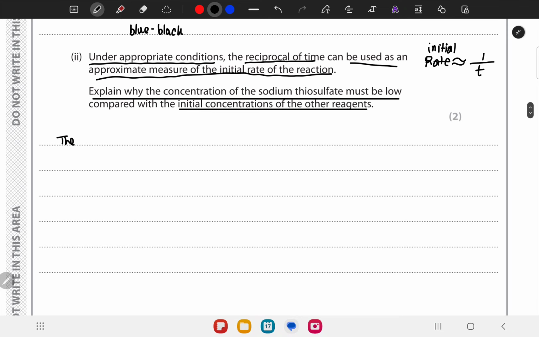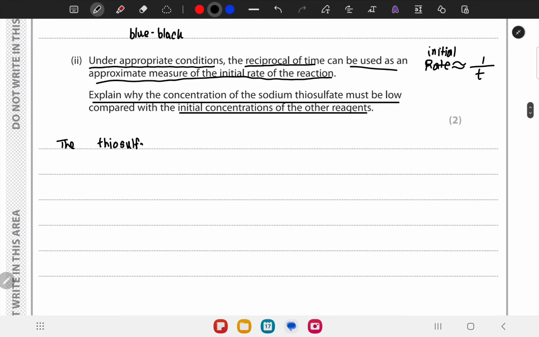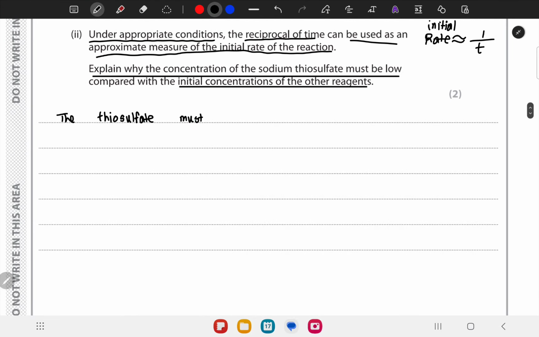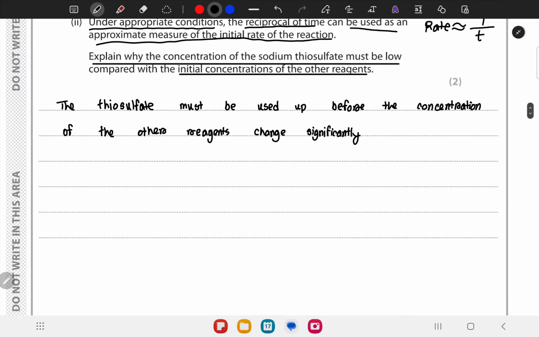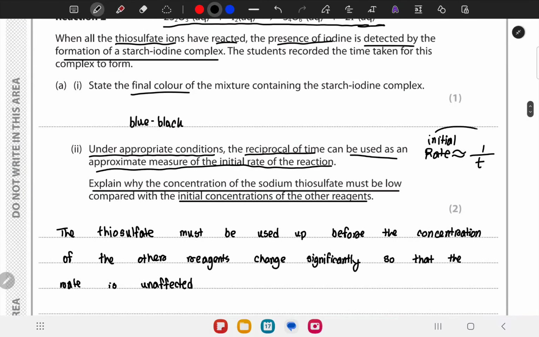So this is how we structure our answer. If the rate is affected by the other reagents, we cannot use this estimation over here.